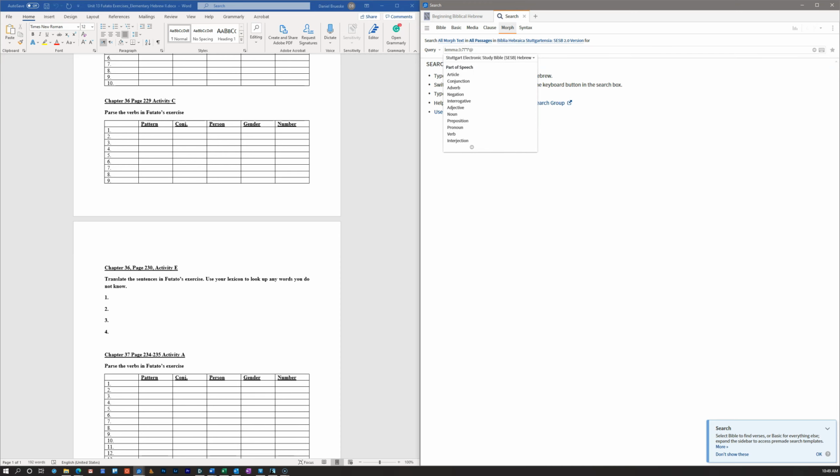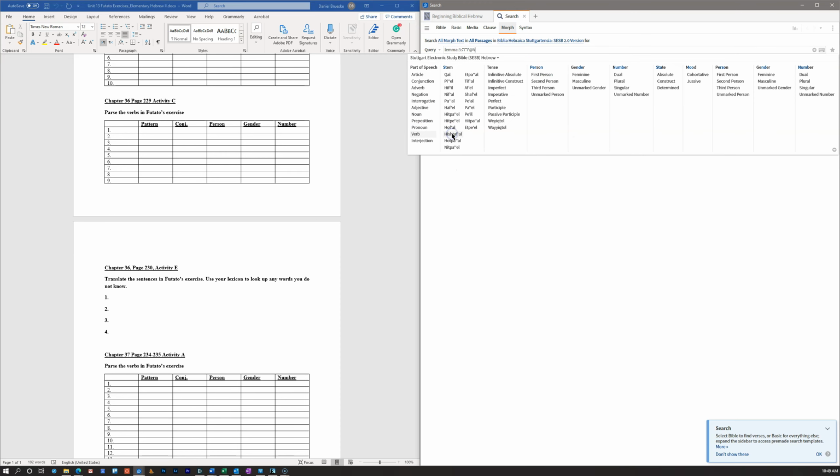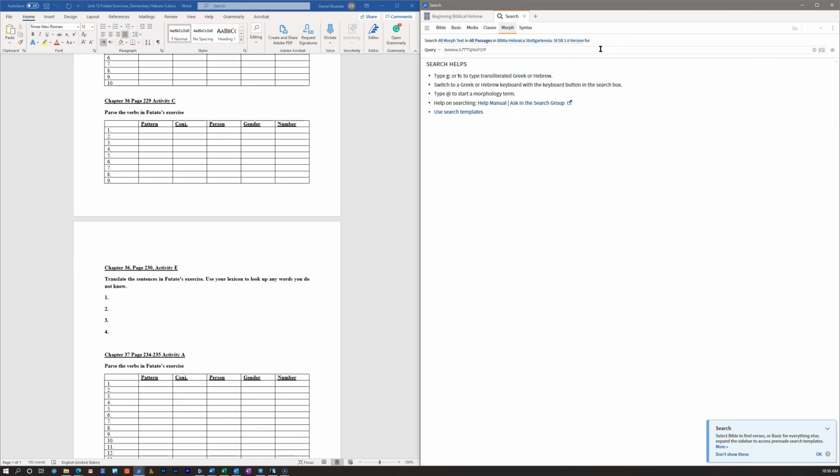We're gonna look for that as a verb, as a Niphal verb. We're gonna look for the perfect 3M. Well, it could be either, right? Let's just delete the gender. So we're going to do perfect third person plural. Let's see if there are any occurrences of this in the Hebrew. Of course not. So it would be a hypothetical form then.